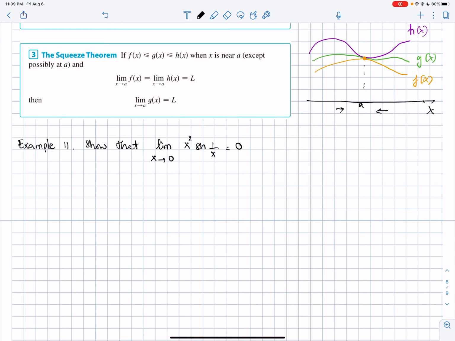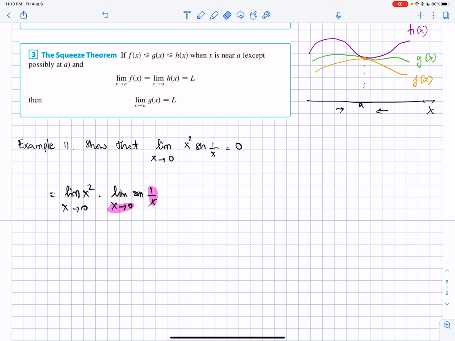If we use the product rule from the law before, in example number 4, section 2.2, it is equal to the limit of x squared times the limit of sine of 1 over x when x approaches 0. We cannot do this because the problem is that if x approaches 0, 1 over x will be undefined. So we need to do some algebra to fix this.